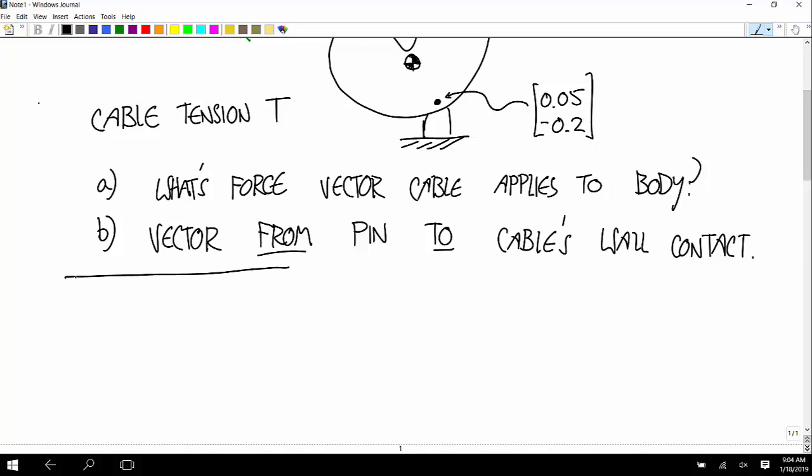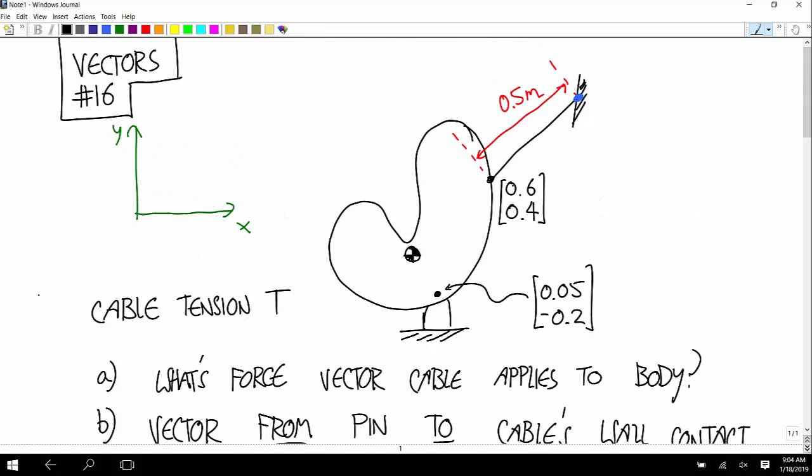Okay, first, this is something we're going to use a lot. We know that the magnitude of the force the cable applies to the body is T, and we know the direction.